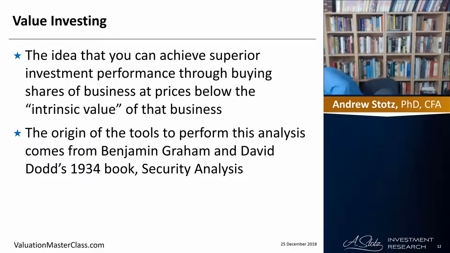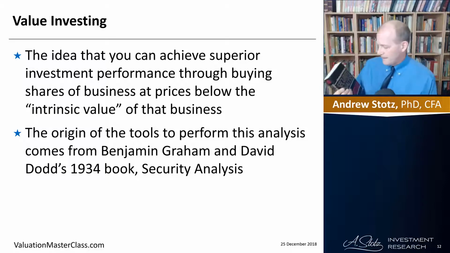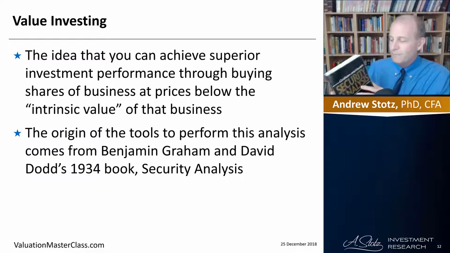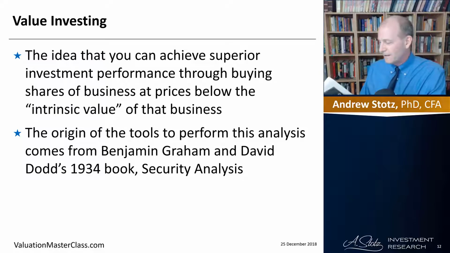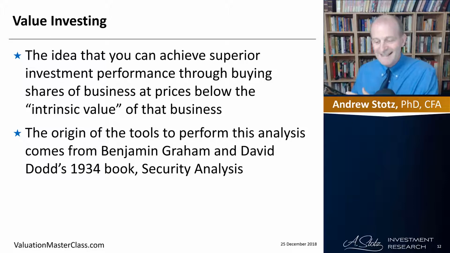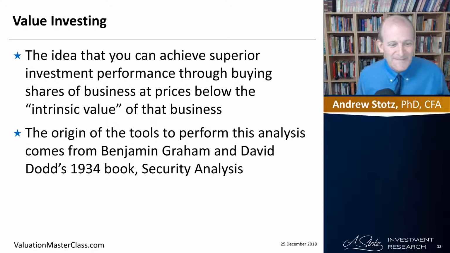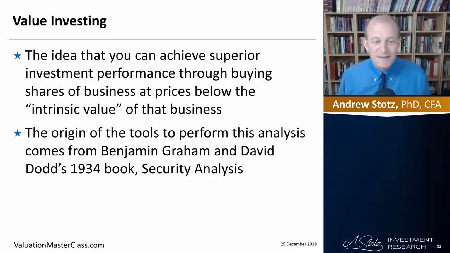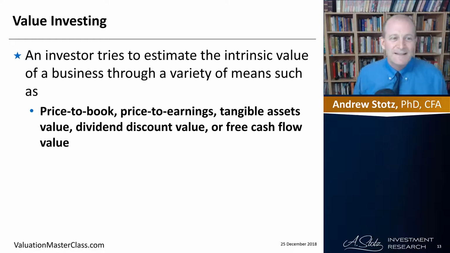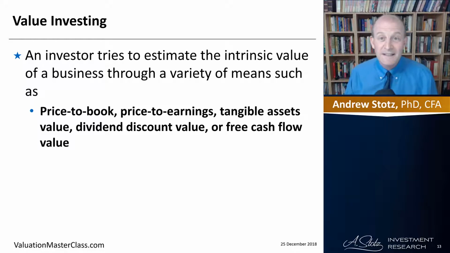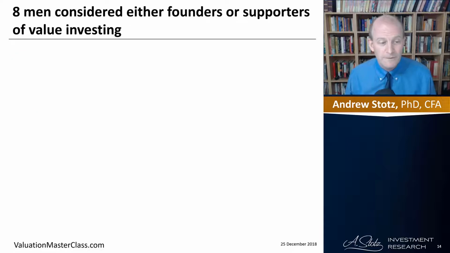I later updated it and got this one, which is a little bit older, I think, but not by much. 1988, so same, but I like the soft cover. So that book was written in 1934. An investor tries to estimate the intrinsic value of a business through a variety of means, such as price to book or PE, tangible asset value, discounted cash flow, or free cash flow value.